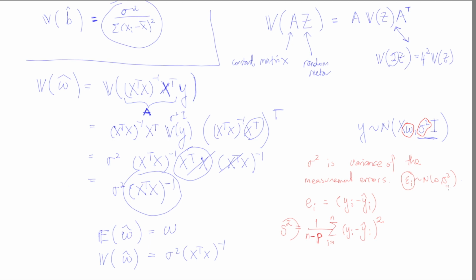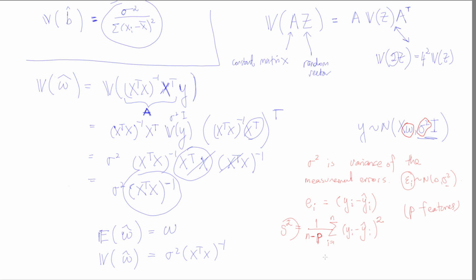The best estimate for that is the average error we get from fitting our model. The only thing that's kind of confusing is why do we divide by n minus p? Remember this is a multivariate regression with p features. So why do we take 1 over n minus p, not 1 over n?